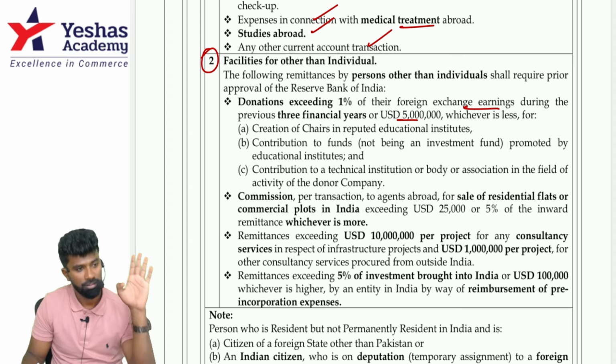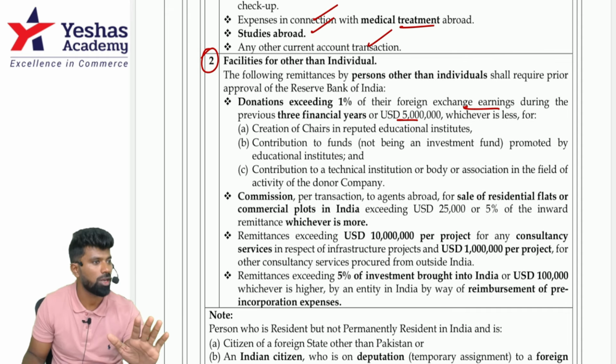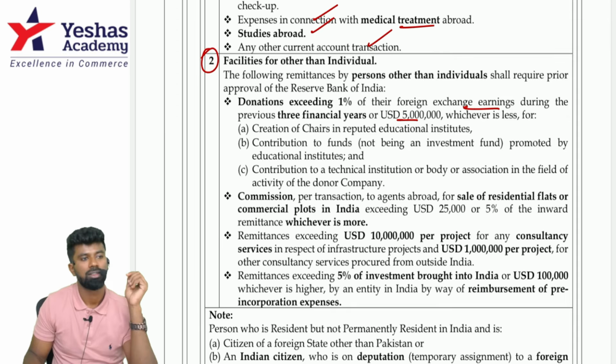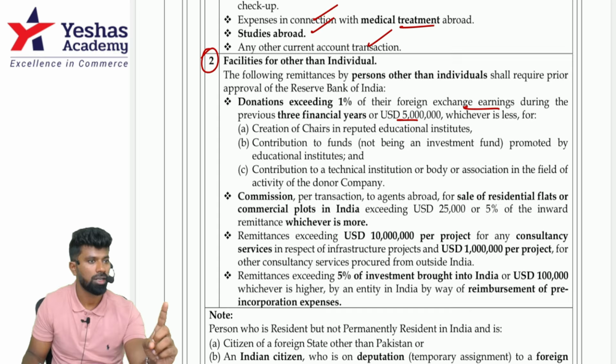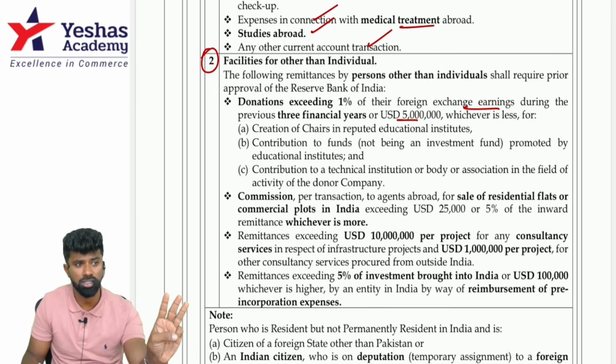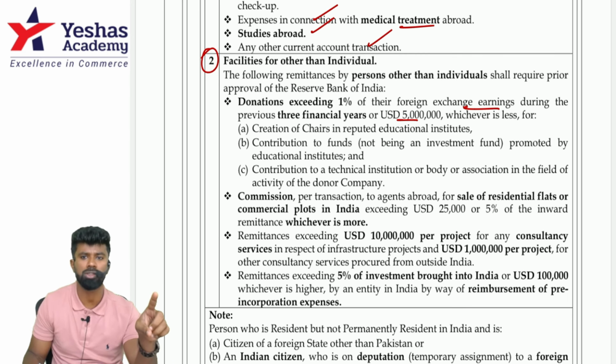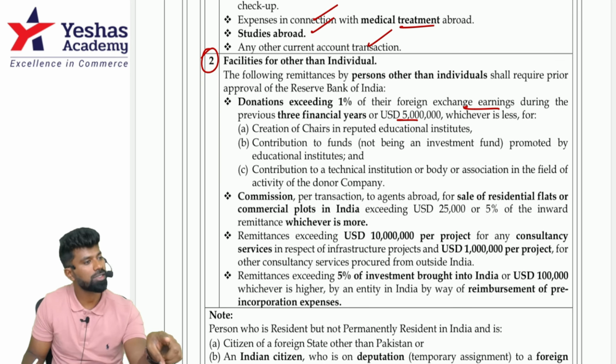Whichever is less. What is the percentage? 1% of the foreign exchange earned in the preceding how many financial years? 3 financial years or 5 million, whichever is less.